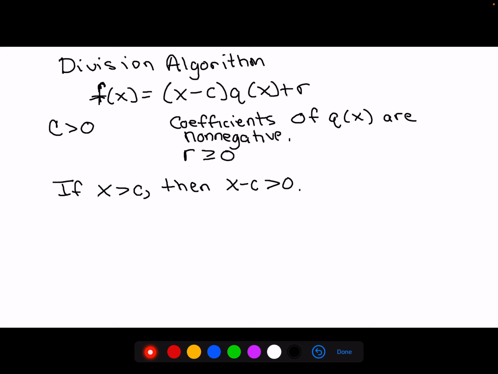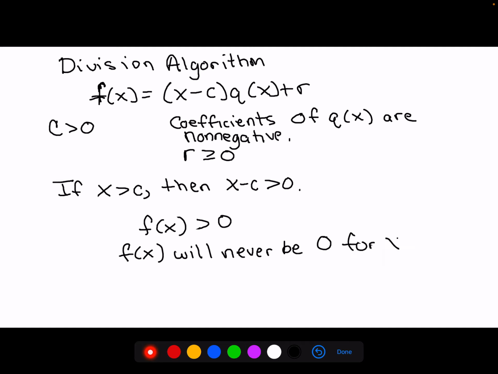Well, if all of these things are happening, like let's say you had an x value that's bigger than c, then x minus c would be greater than 0. So if all of that happens, then your f of x has to be greater than 0. So f of x will never be 0 for x greater than c.